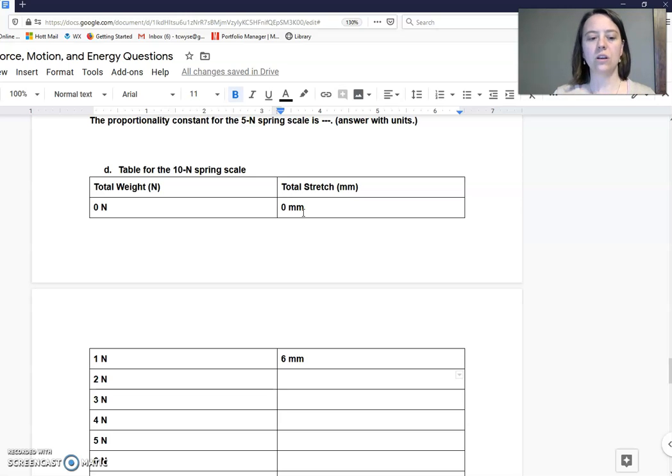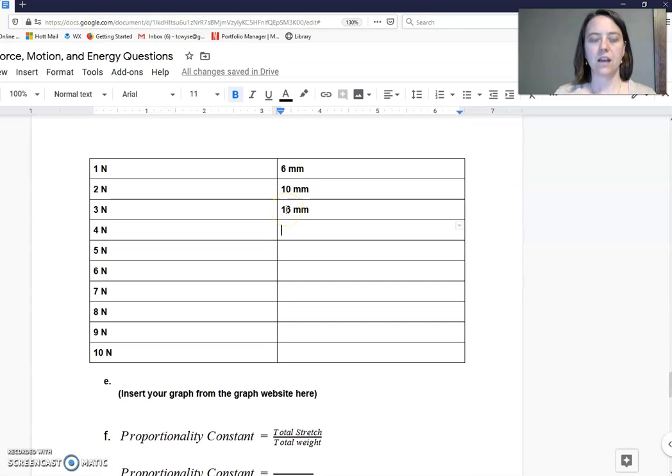A force of 2 newtons would be a 10 millimeter stretch. A force of 3 newtons would be a 16 millimeter stretch. And a force of 4 newtons would be a 21 millimeter stretch. And 5 newtons would be a 26 millimeter stretch.